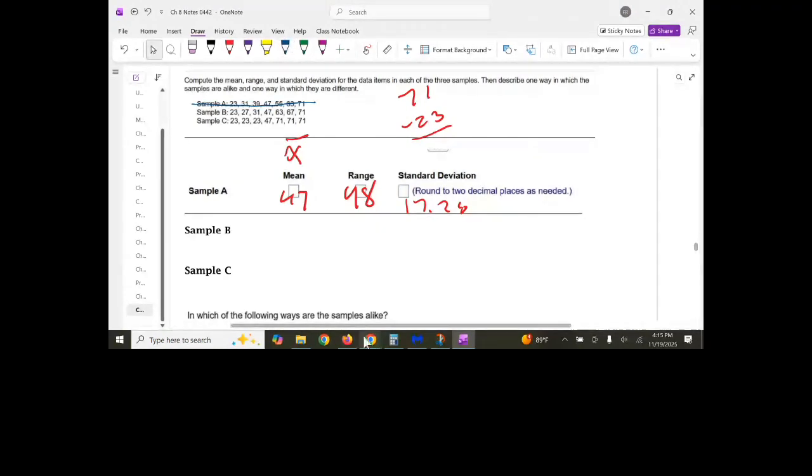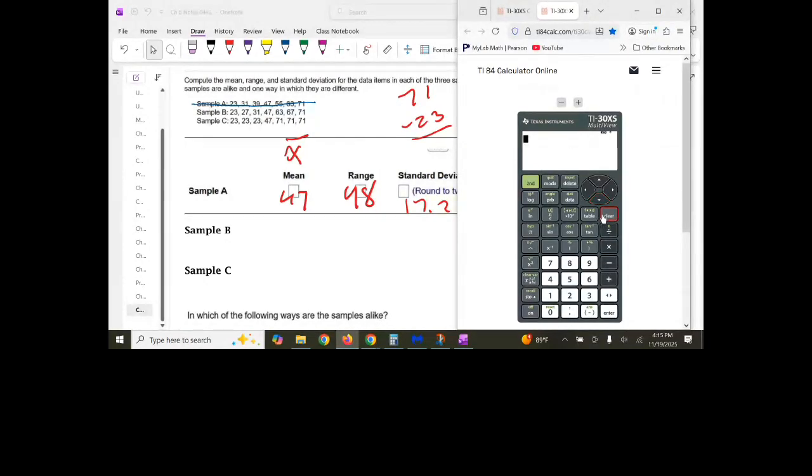Let's repeat this same process, y'all, for sample B. So again, I'm going to come back to data, and I'm just going to clear all these guys out. Boom, boom, boom. Okay. And I'm going to start listing them again. 23, down. 27, down. 31, down. 47, down. 63, down. 67, down. 71, down, or enter, whatever you want to do.